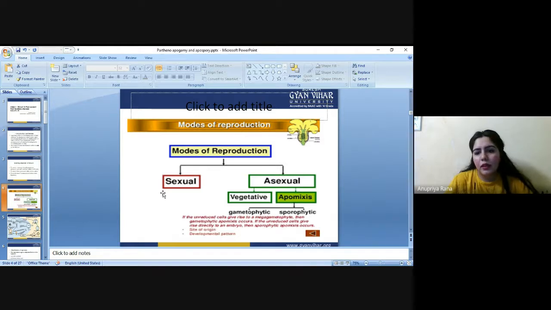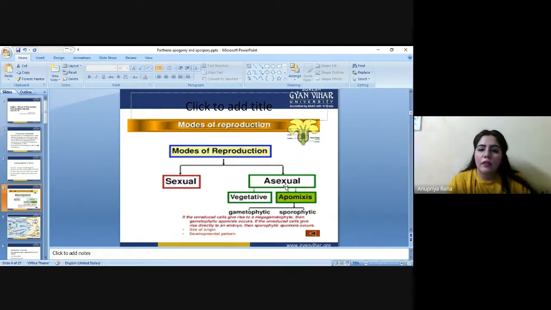Please take note that meiosis never occurs in the apomixis process. Only one kind of division occurs, the mitotic division. Meiosis is a reduction division, and that happens only in sexual reproduction.